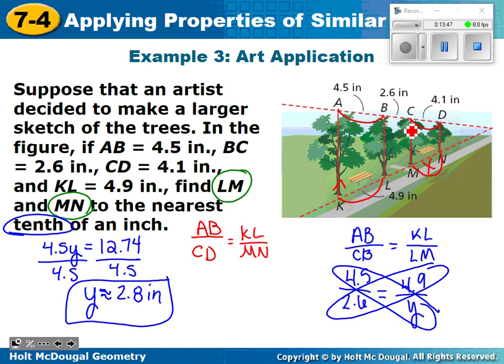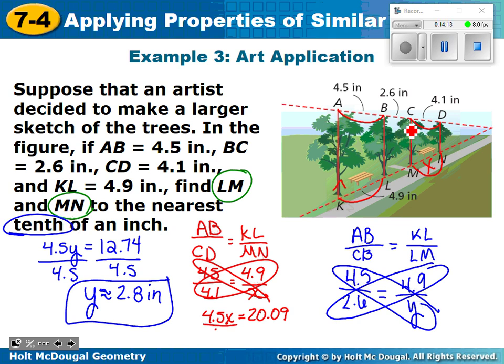All right, so Tyler, fill it in with numbers for us. 4.5 over 4.1 and 4.9 over x. Very good. And then we're going to, once again, cross multiply and solve. So we have 4.5x equals what? 20.09. And then what do we do?